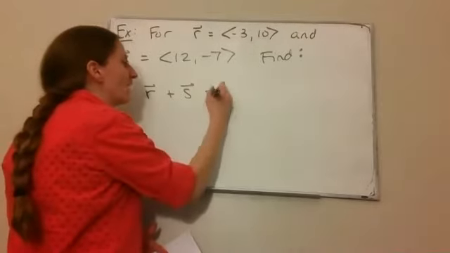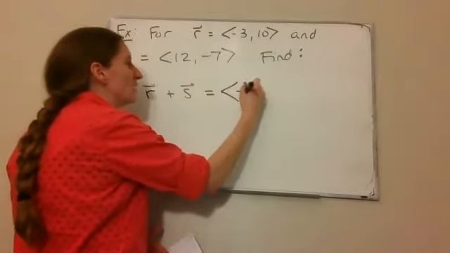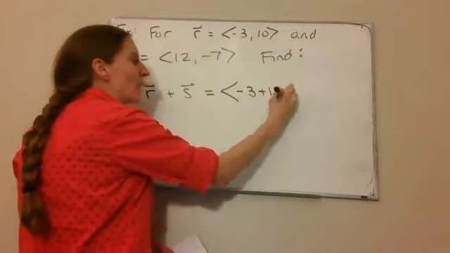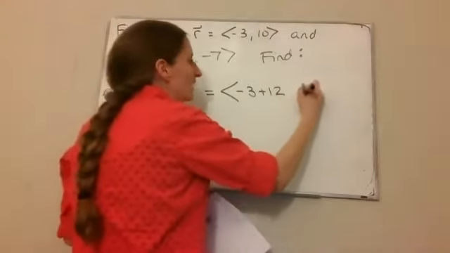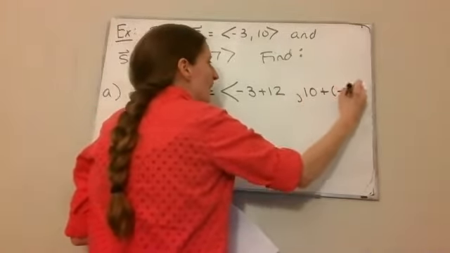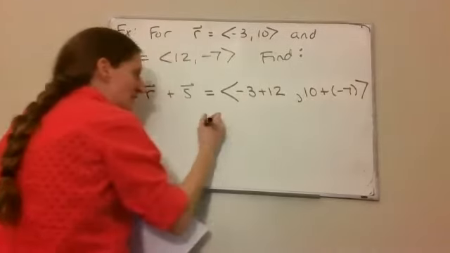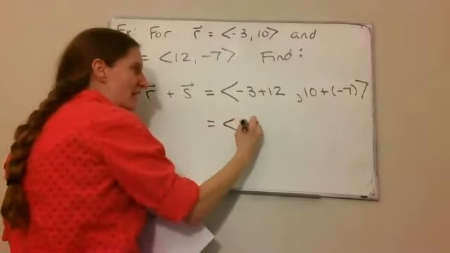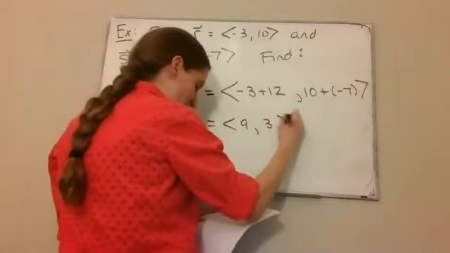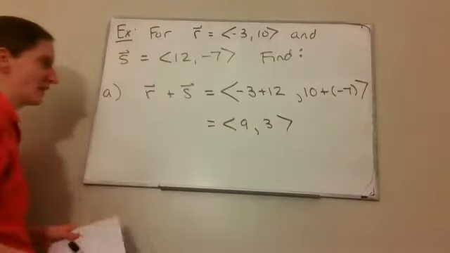So R plus S is going to be equal to negative 3 plus 12 for the first component, and 10 plus a negative 7 for the second component. If I simplify this, I get 9, 3 for my R plus S.